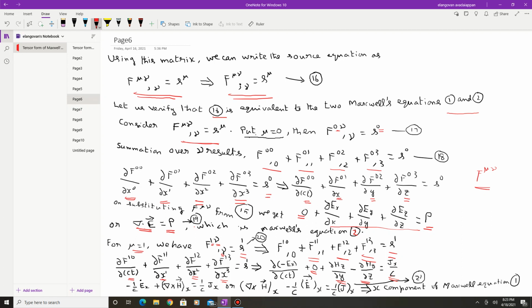Now you take a minus sign outside and c outside, and partial dEx by dt is E x dot, plus you combine these two terms.